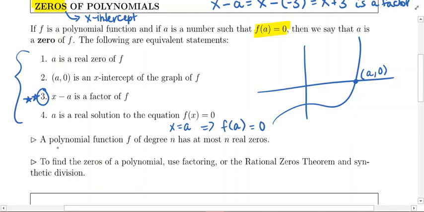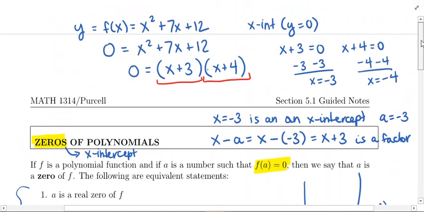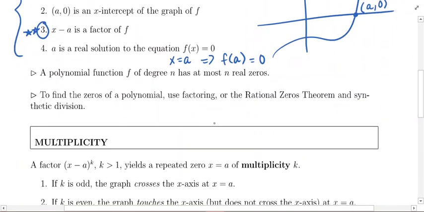A polynomial function f of degree n has at most n real zeros. So if you have a polynomial function, let's go back up to the quadratic example. Let me write this down here, quadratic.